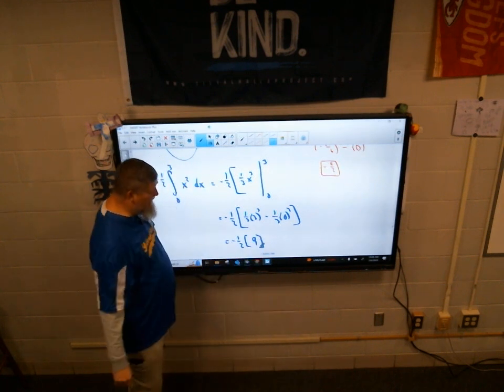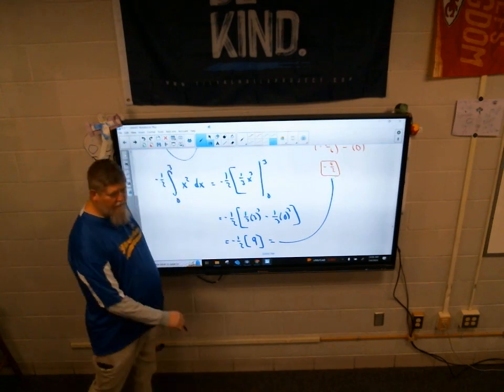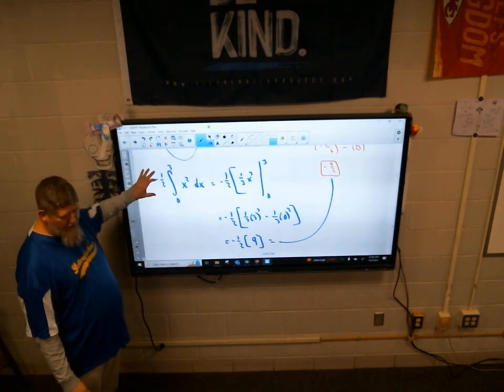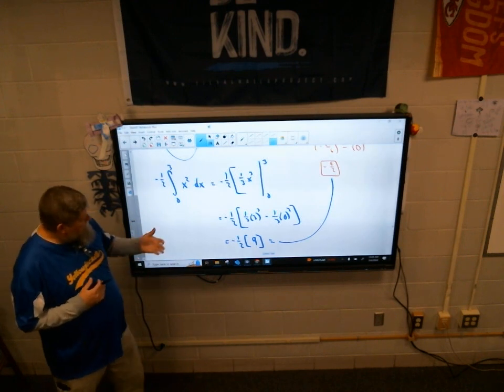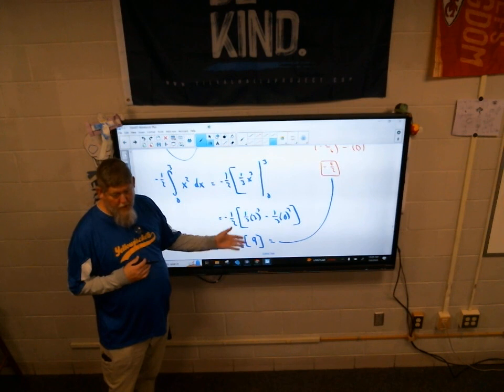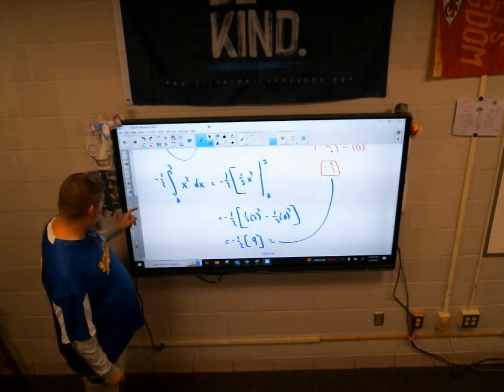And then negative 1/2 times 9 is negative 9/2. So by taking that constant out front, all it's really doing is helping us make a simpler computation. It's taking out that negative 1/2 issue. That's all it's doing.